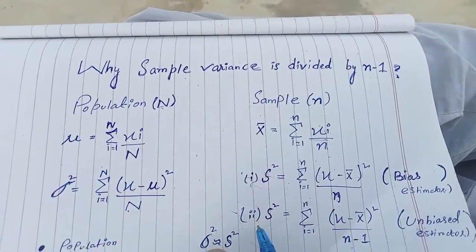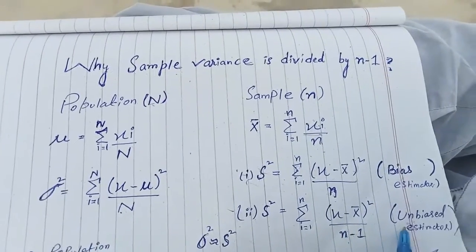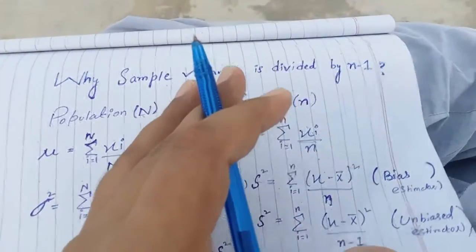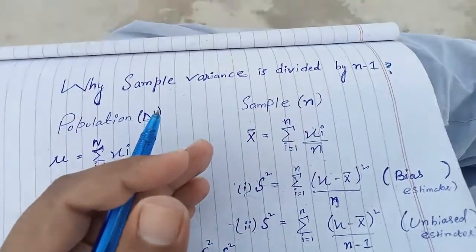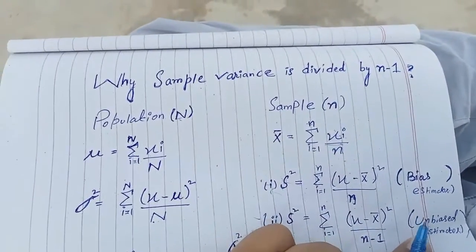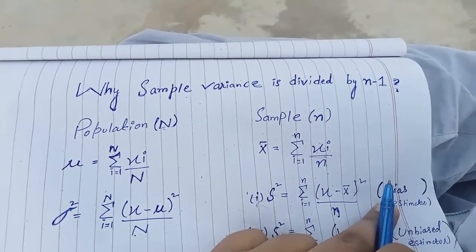So we use this formula, which is known as the unbiased estimator, because it gives a value not equal but almost similar to the true variance. And the other is known as the biased estimator.